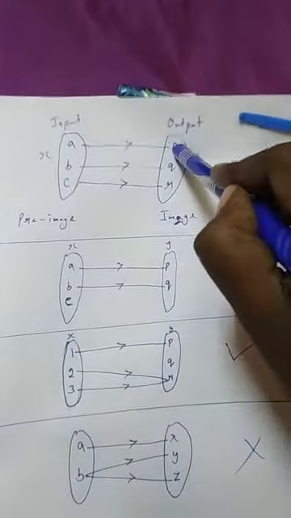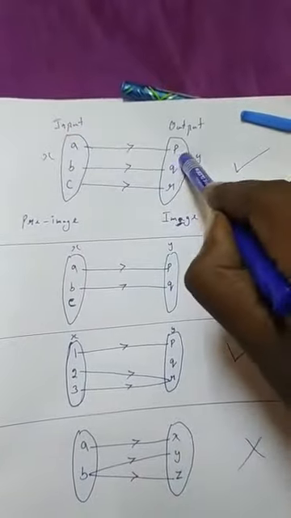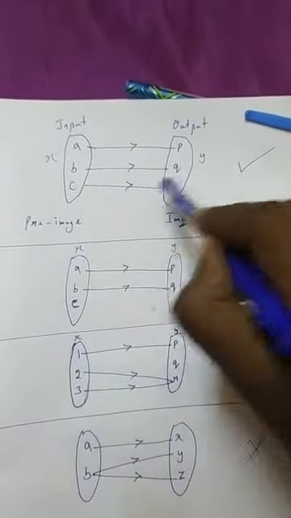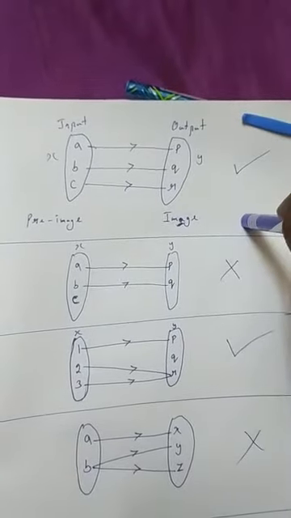Now the condition for a function is that all the elements in the domain must have an image. If you check, A has one image, B also has an image, and C also has an image. So the first condition is over.